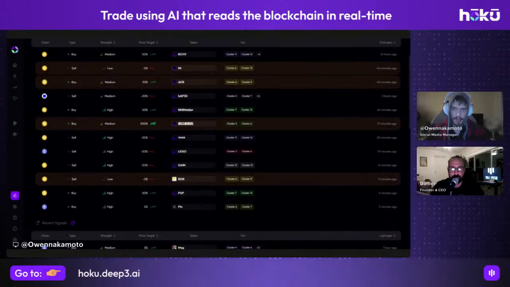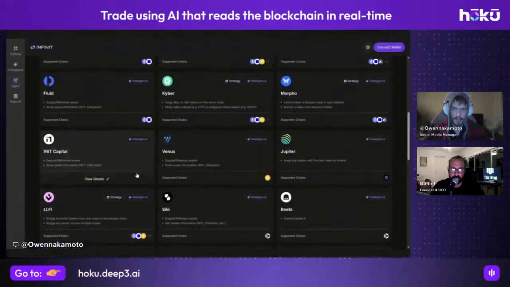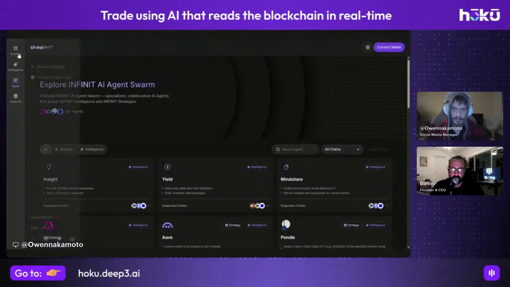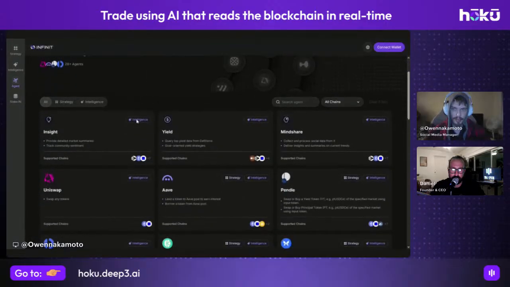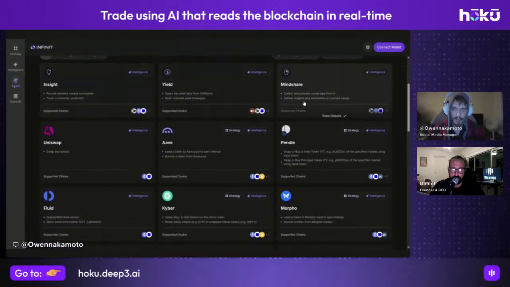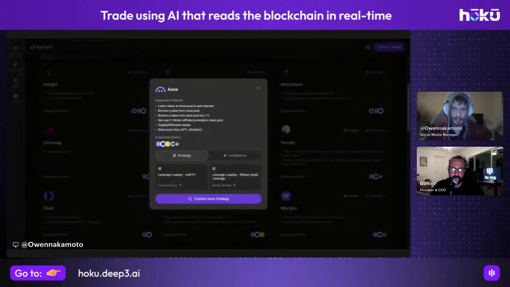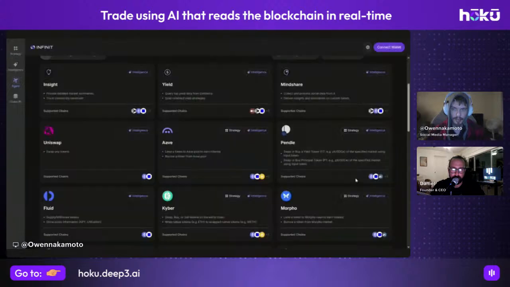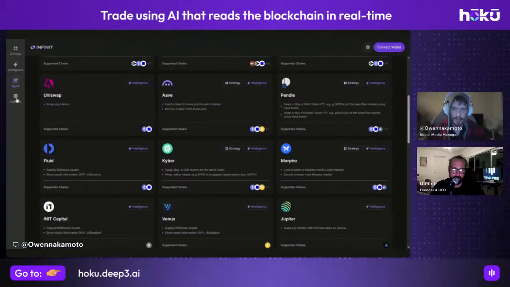Here, let me just show you quickly on the stream. All these are trading bots basically, these strategy things, but then they have this crazy staking APR, right?